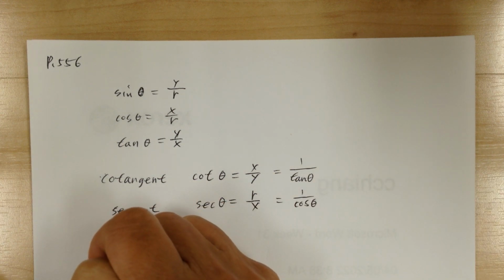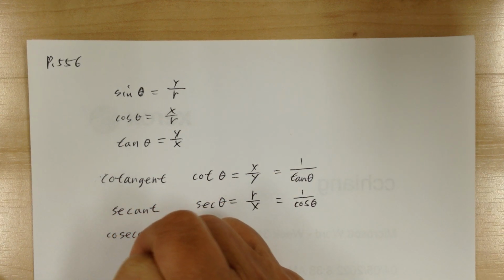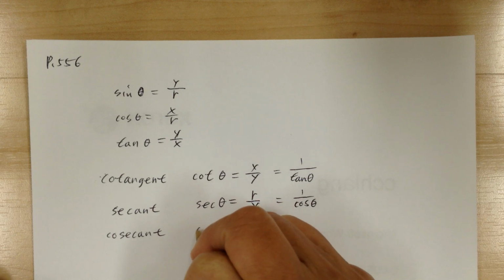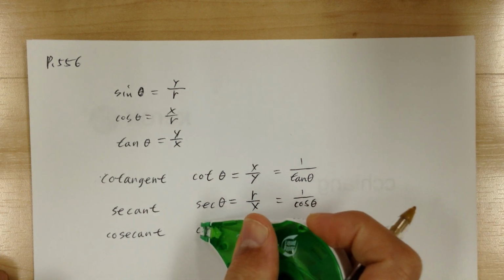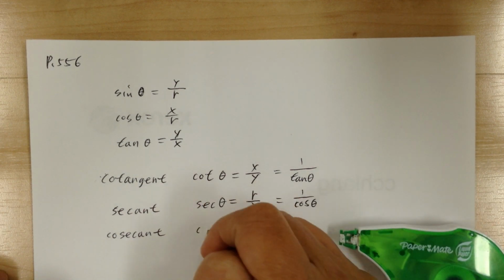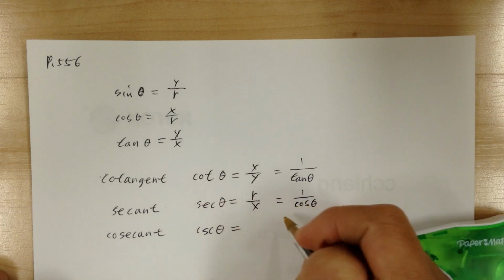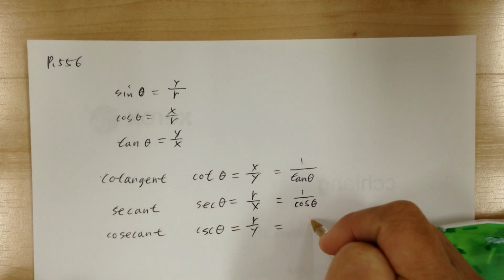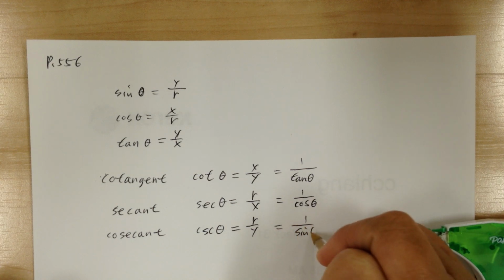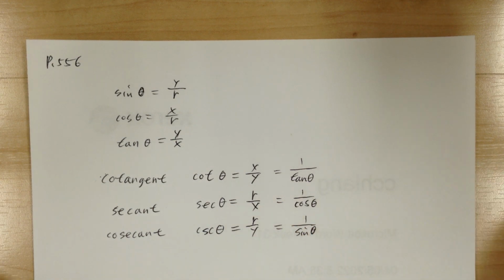And cosecant, or CSC, so cosecant is a reciprocal of sine, so it would be r over y. Also, this is equal to 1 over sine. Okay.